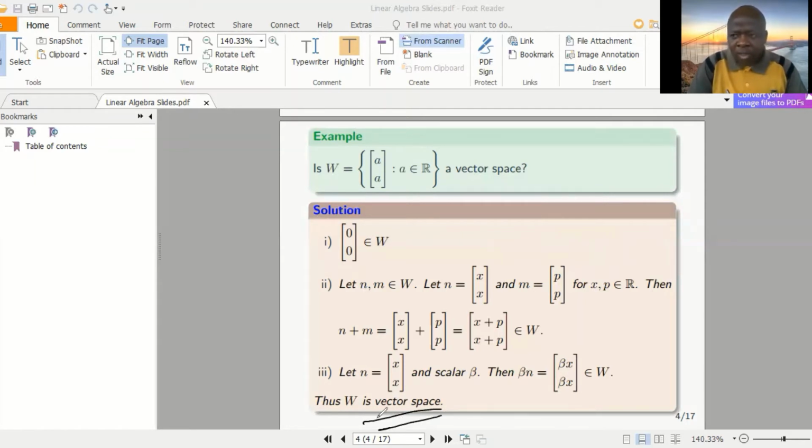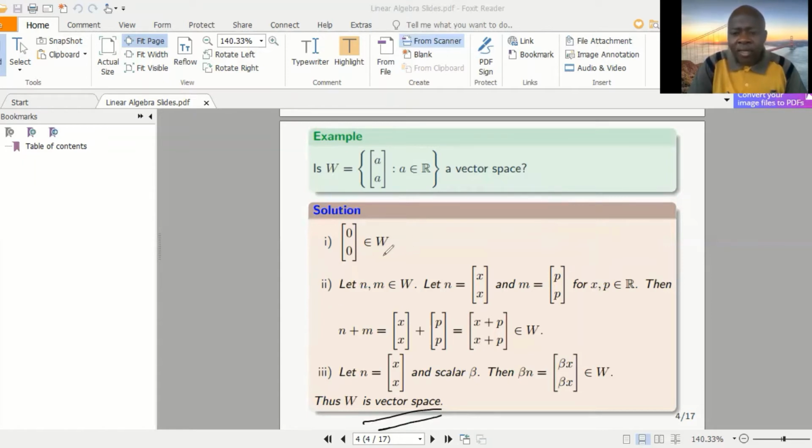So what you notice is that for you to show that it's a vector space, you must show that the three conditions are all fulfilled. But for you to show that it's not a vector space, you only need to show one condition that is not fulfilled, and then you conclude.